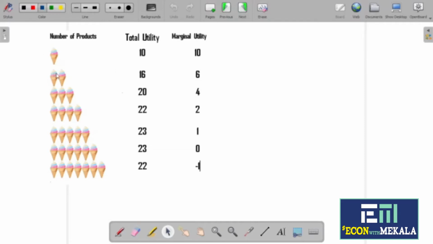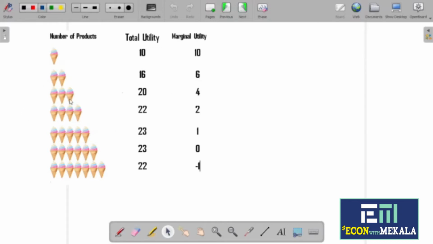When he gets his second ice cream, his total utility goes to 16. The first one was 10, and an additional 6 is added to this utility, because when he consumes the second ice cream, more utility is gained. How much is the additional utility from the second ice cream? 6. You can calculate it: 16 minus 10, the additional utility is 6.